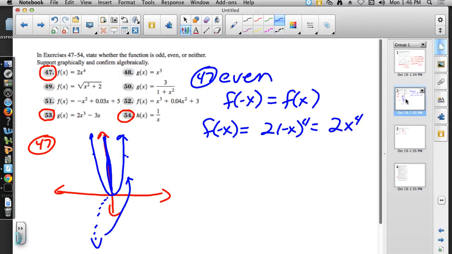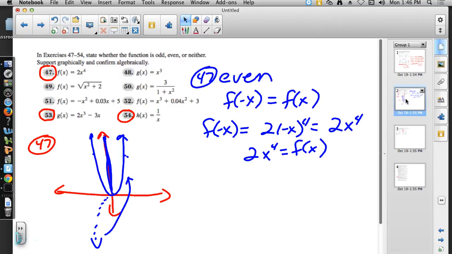And that absolutely verifies what we found, because 2x to the fourth does equal f of x. We put a negative in it, it didn't make any changes to it, and that's what verifies that we have a function that is even.